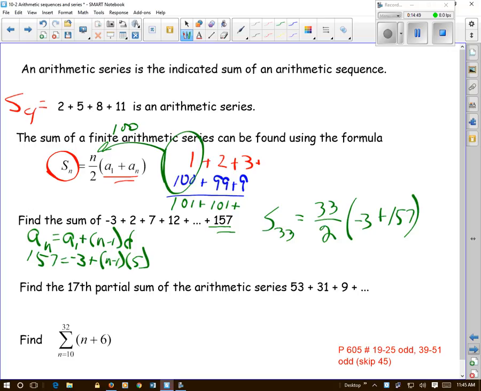So -3 plus 157 would be 154. Half of 154 is 77. So 77 times 33. Somebody give me what that is. 33, not 31. 2,541 is the sum there.